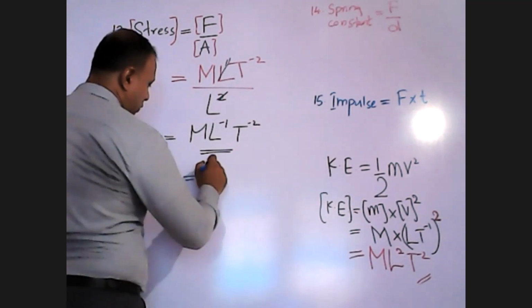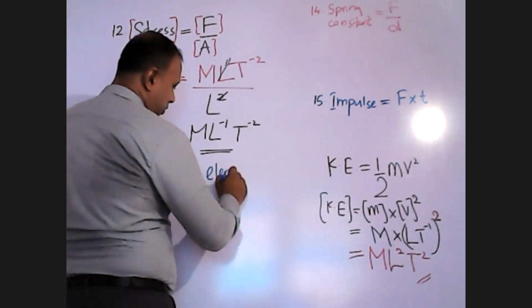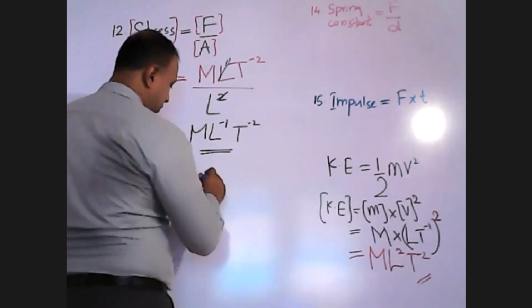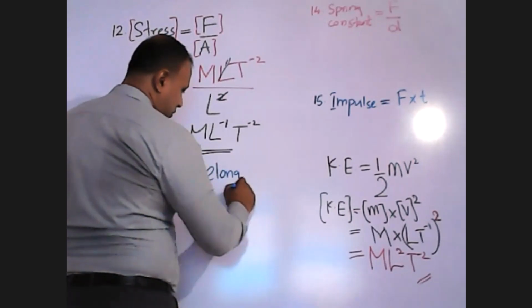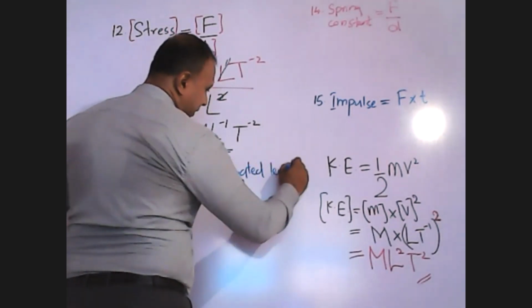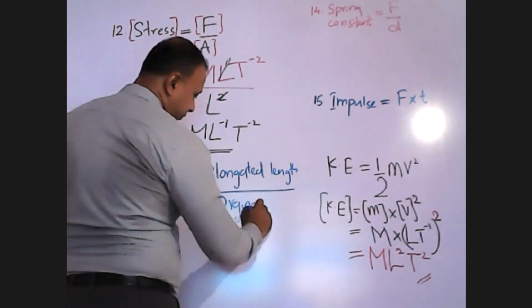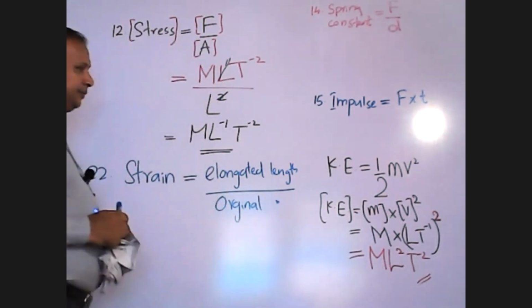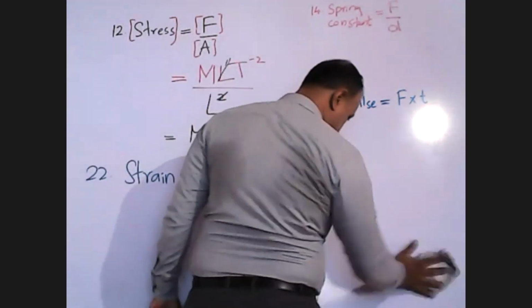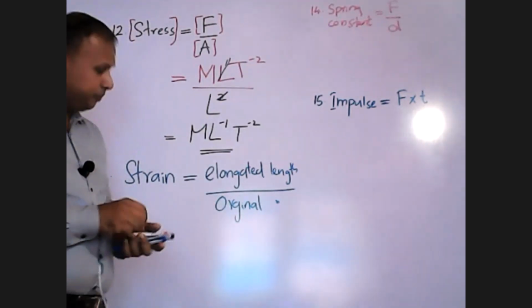Strain is equal to elongated length over the original length. I will explain this one to you.